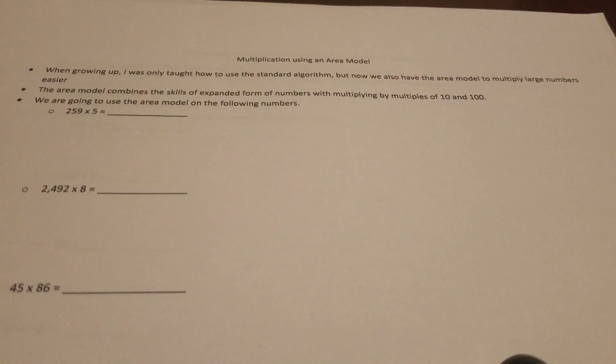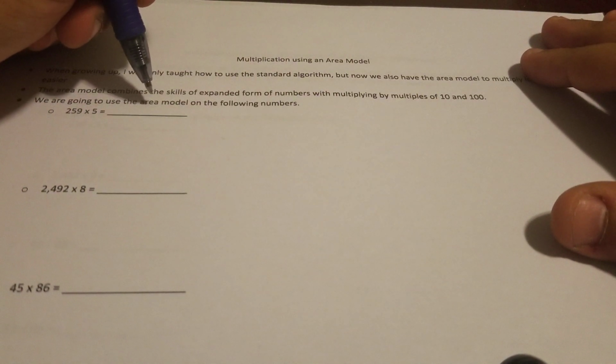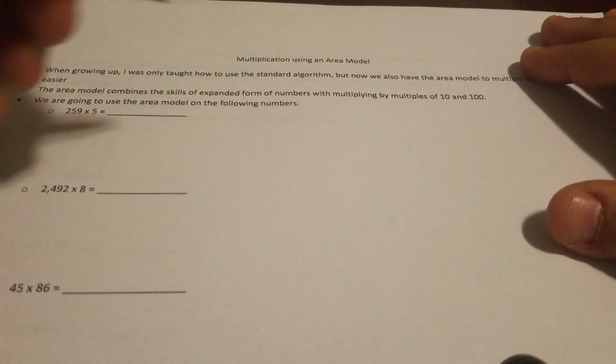Now, the area model combines the skills of expanded form of numbers with multiplying by multiples of 10 and 100. So, we're going to use the area model on the following numbers. So we're going to multiply these three right here using the area model.